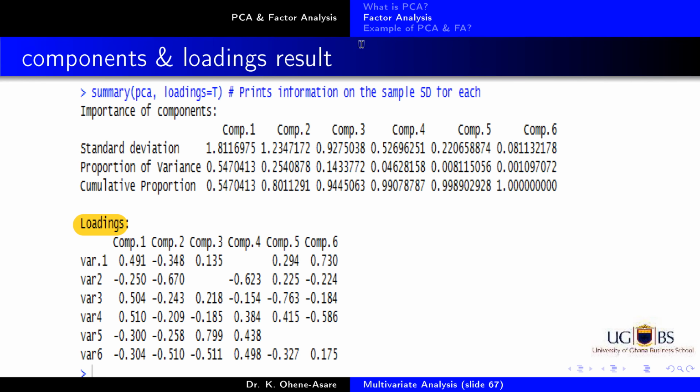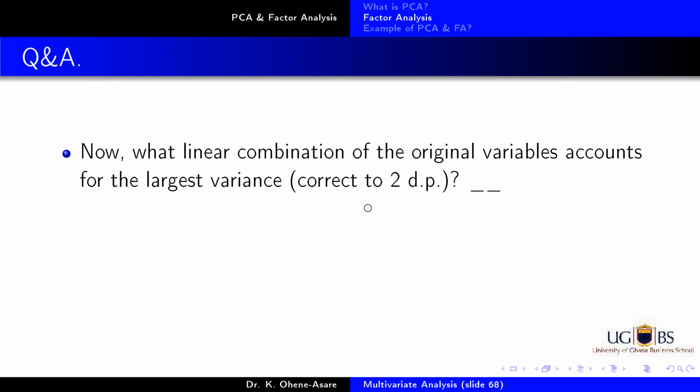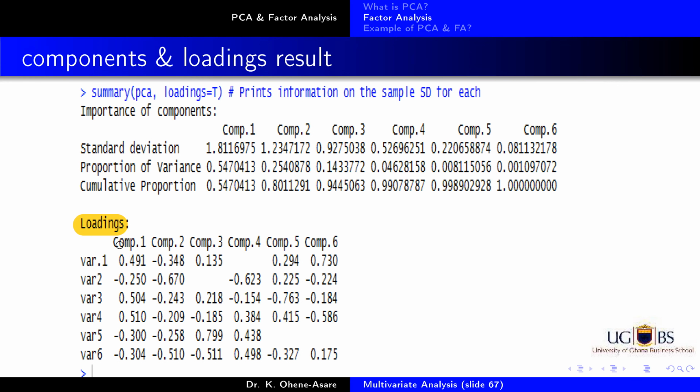Comp.1. Now let's go back to the question. You all got it. The question says, what linear combination of the original variables accounts for that comp.1? The word linear combination means you're adding them.